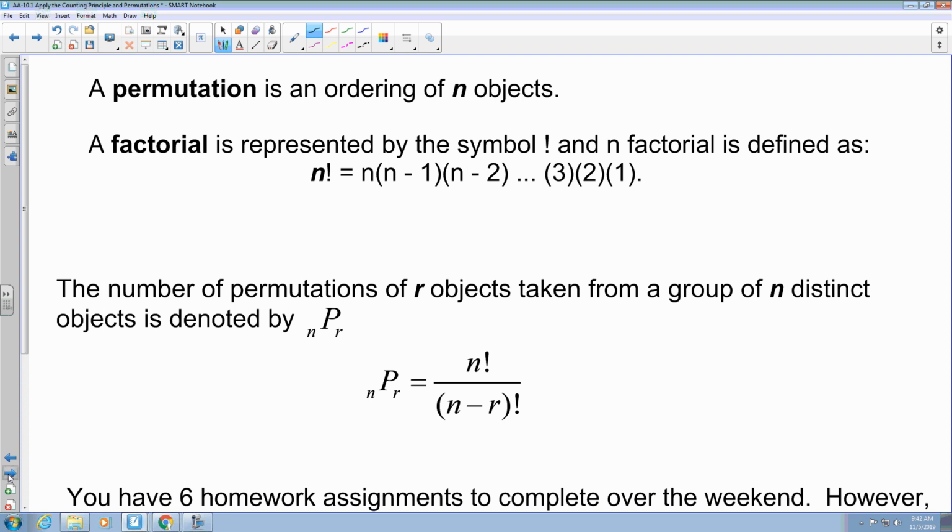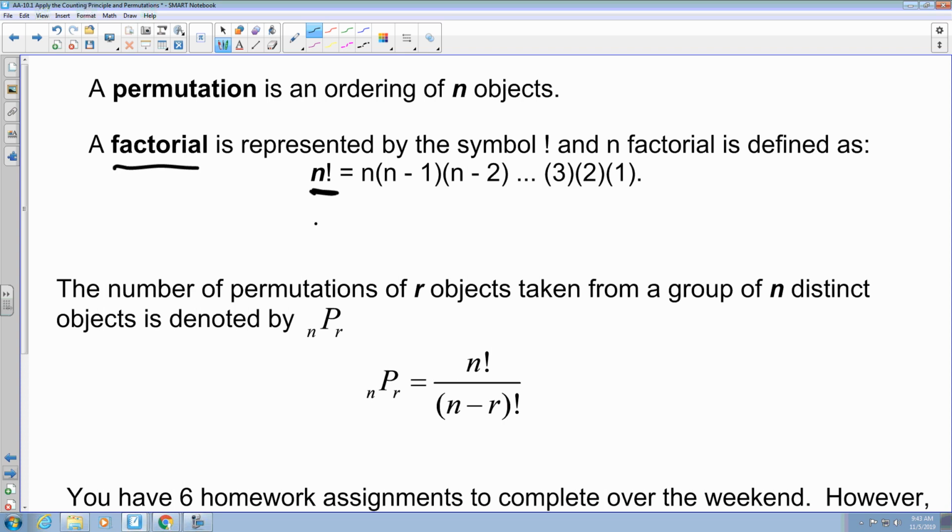Another thing we have to keep in mind when looking at permutations is that we have to understand the term factorial. Factorial is when you have a number followed by an exclamation point. All that means is you take consecutive integers and multiply them together until you hit the number before the exclamation point.